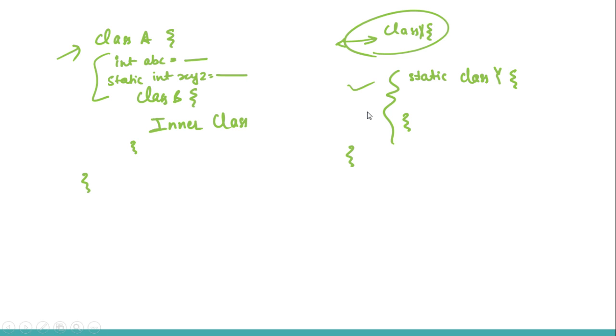But when we come to the static inner class, if you have the same variables here, ABC and static int XYZ, right? Now in the static class, as I said before, it will be able to access only the static variables. So only the XYZ variable can be referenced inside here. The ABC, if you try to access it inside this class, it will again throw you a compilation error.